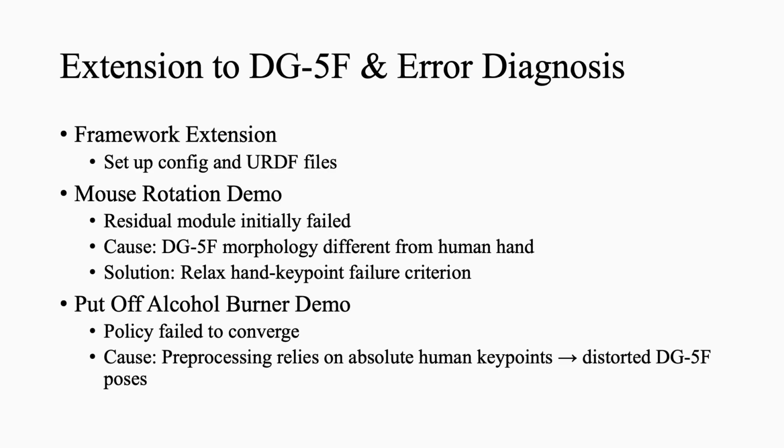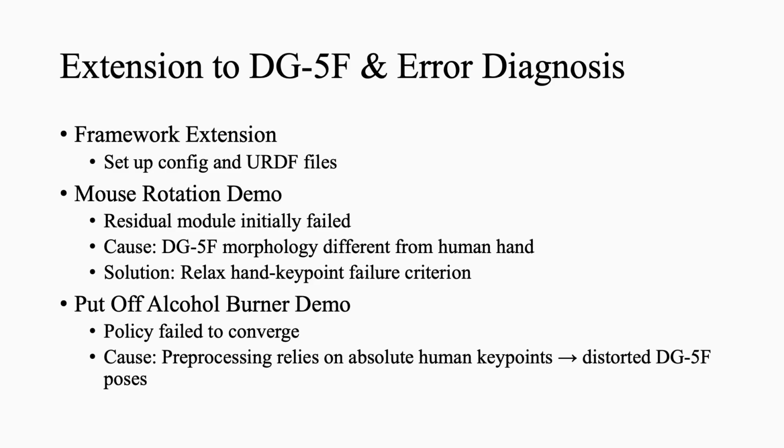We extend ManipTrans to DG-5F by setting up config and URDF files, and we test the extended ManipTrans on two demos. In the mouse rotation demo, we found out that the residual module initially failed to converge. The problem is that DG-5F has a morphological difference from the human hand, and the solution is to relax the hand key point failure criterion in the residual learning stage.